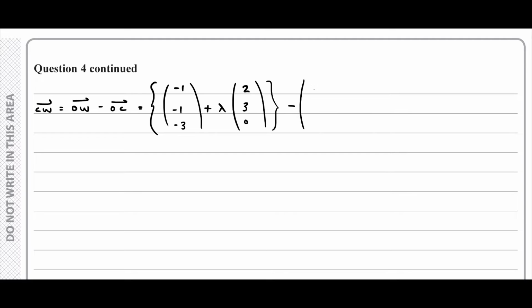And then we subtract off -1, -2, 0. We can of course conclude the vector CW is equal to 2 lambda, 3 lambda plus 1, minus 3.